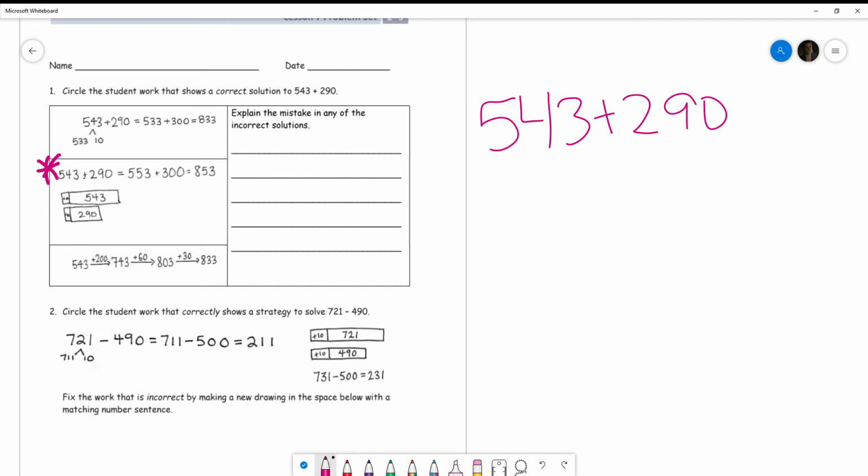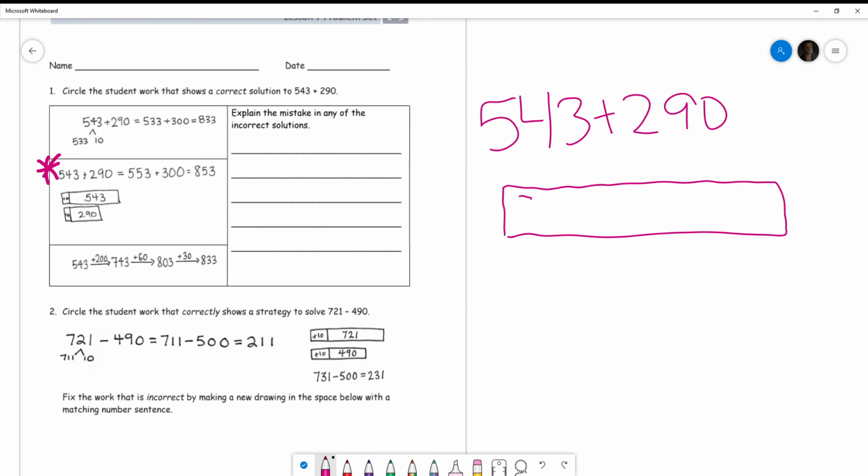When you do addition, you only need one tape diagram. You're going to borrow from one number and add to another number. So the easy way is to make one tape diagram. You don't need to make two.